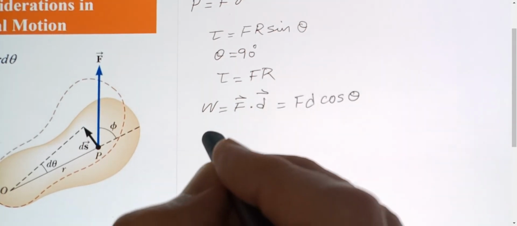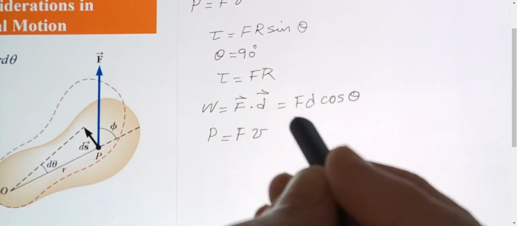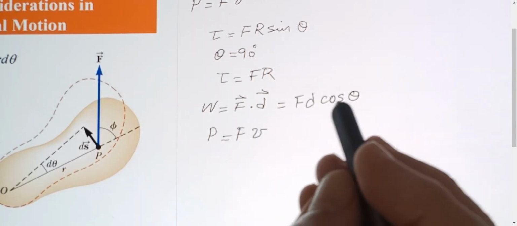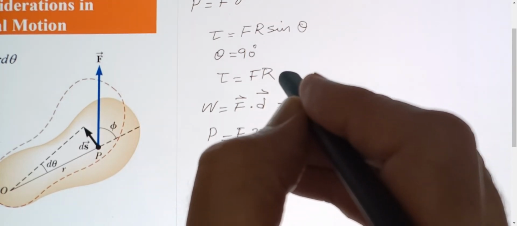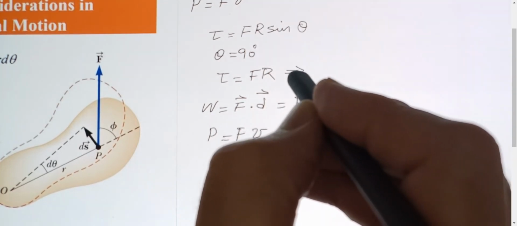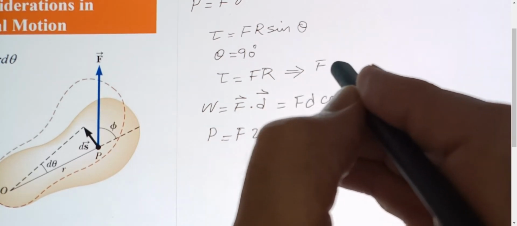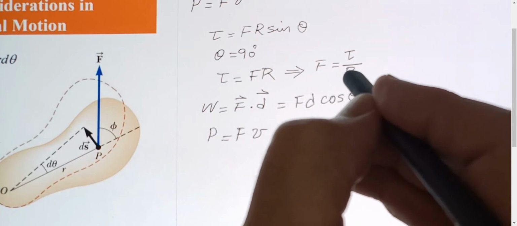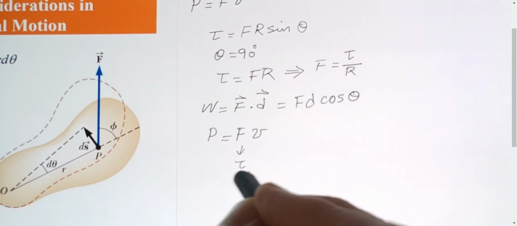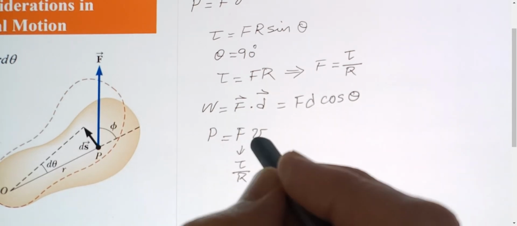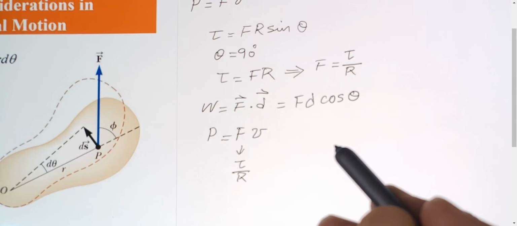So now we come back, power is equal to F V, and we define the torque here as force multiplied by R. What is force alone? It is torque divided by R. And V is the linear or translational speed.